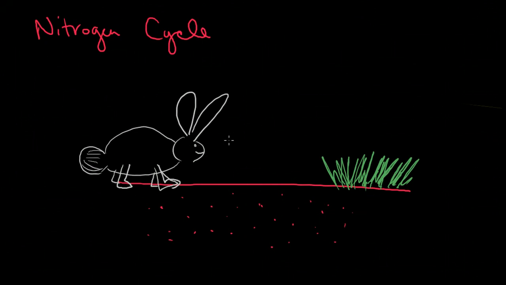our happy bunny here. So when we talk about nitrogen moving through this cycle, we're actually talking about nitrogen moving from the bacteria that's in the soil into the grass. The grass then providing nitrogen to the bunny, and the bunny providing nitrogen back to the soil by peeing, or when it dies, as it moves back into the soil.